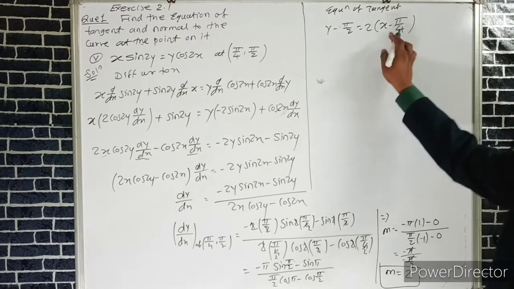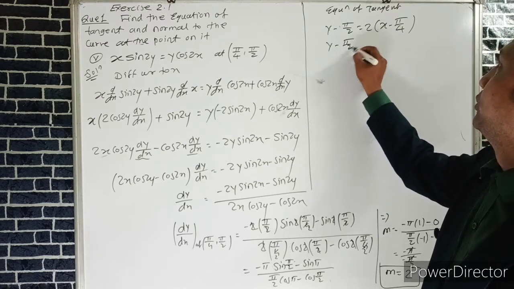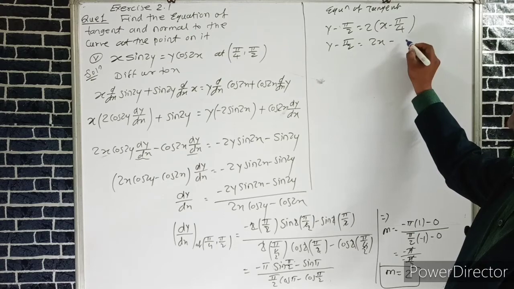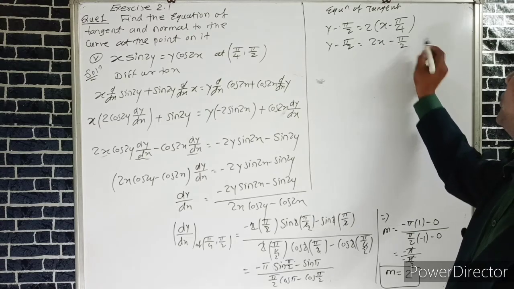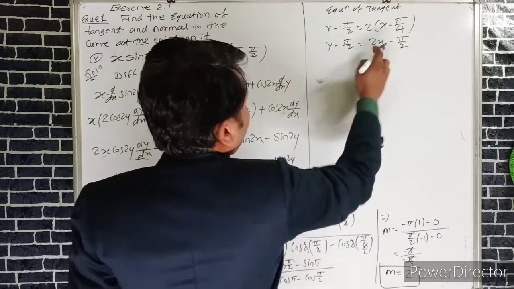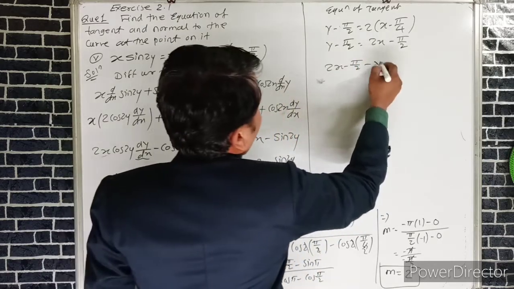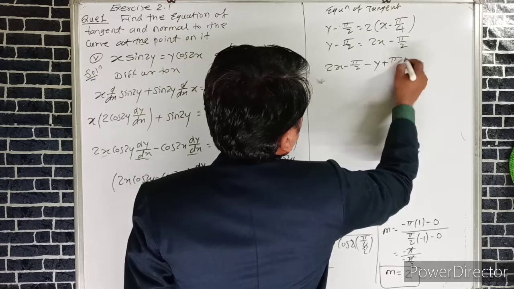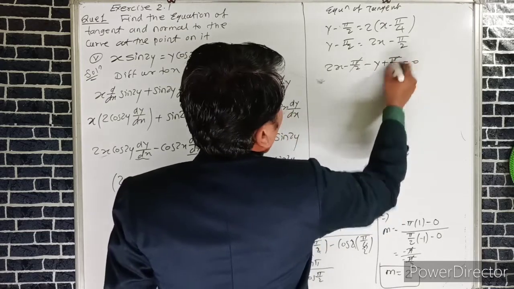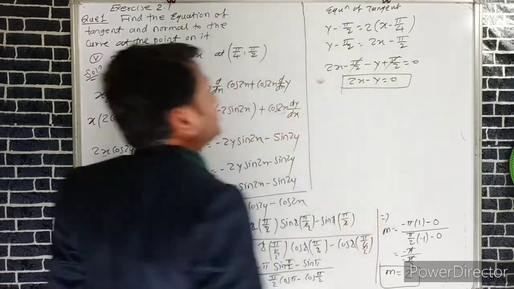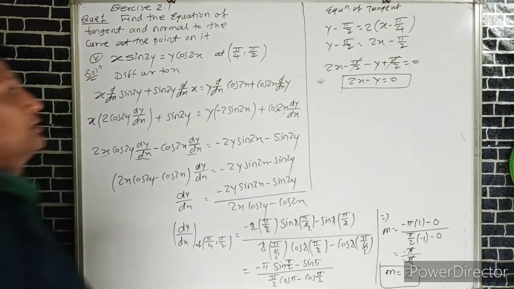If we multiply this, y minus pi by 2 is equal to 2x minus 2 pi upon 4, meaning pi by 2. If we take 2x minus pi by 2 as it is, plus y becomes minus y, minus pi by 2 becomes plus pi by 2 is equal to 0. Minus pi by 2 plus pi by 2 cancel, 2x minus y is equal to 0, which is the required equation of tangent.